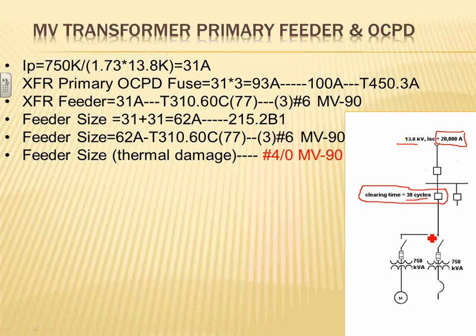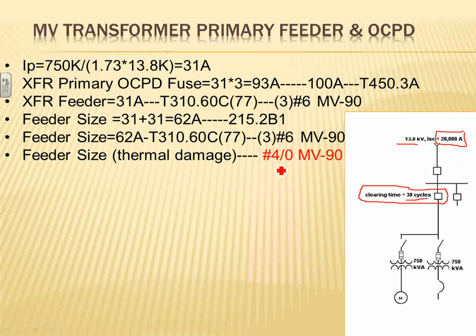A cycle is 1/60 of a second. Half a second is eternity in terms of heat, baking, and shaking for your equipment. That's only allowed on medium voltage as well as switchgear design. Okay, if you allow it to sit 30 cycles, this means your conductor has to be rated to handle this heat for 30 cycles and the shaking.